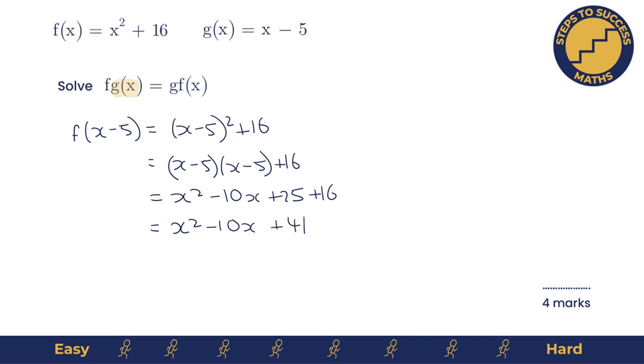And then if we work out g of f of x, this time we start with the f and we pop it into g. So we want g of x squared plus 16, which is x squared plus 16 subtract 5, which is x squared plus 9. And then if we put these two equal to each other, we can solve it.